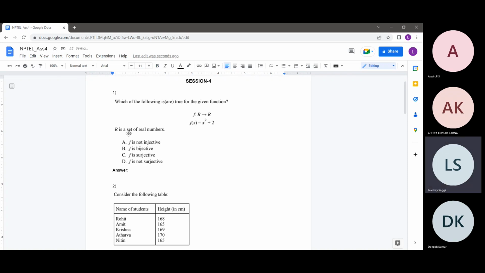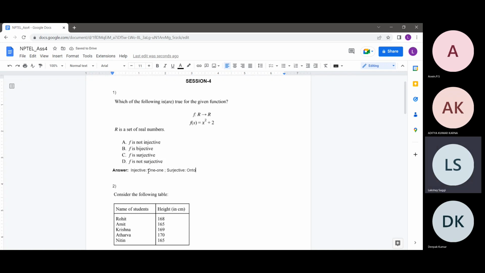And by the way, just a reminder, guys: injective means one-one function. Sometimes people get confused, so let me make this definition clear again. Surjective is onto functions.